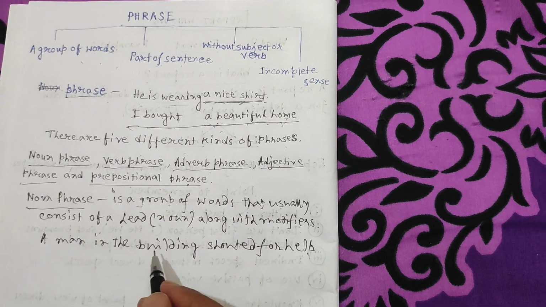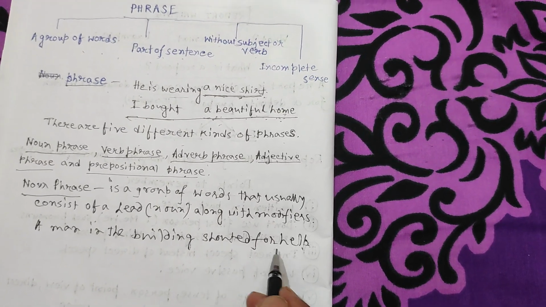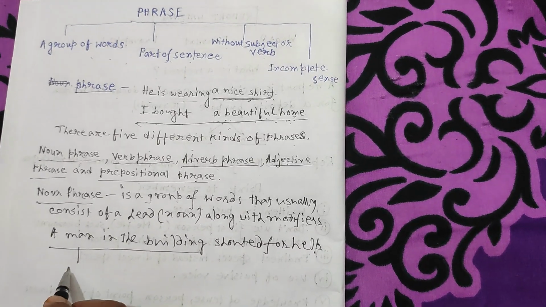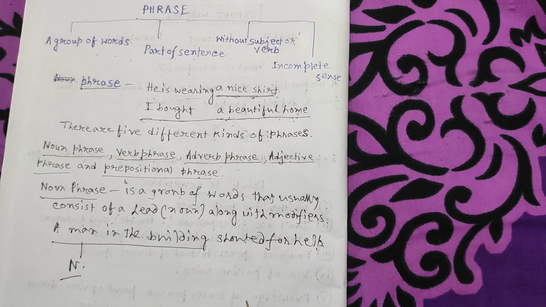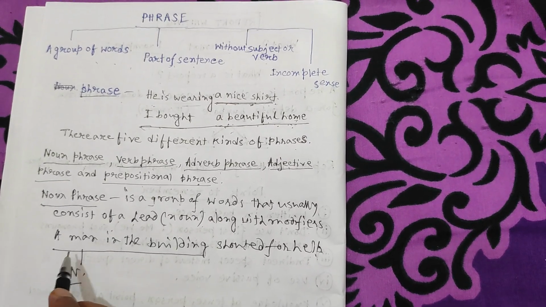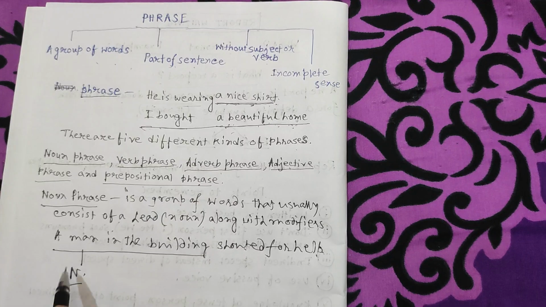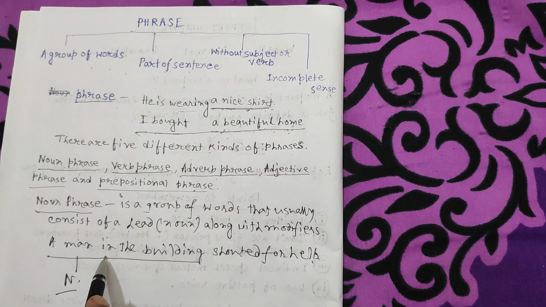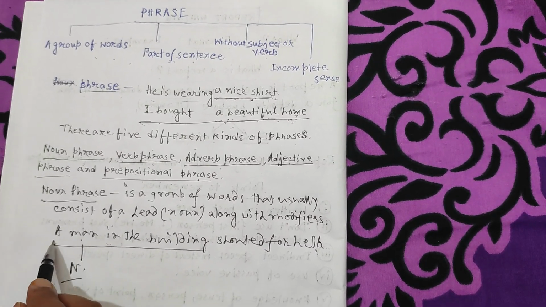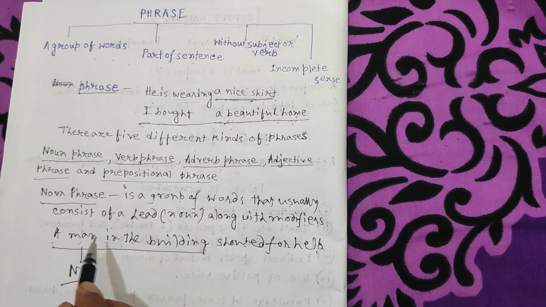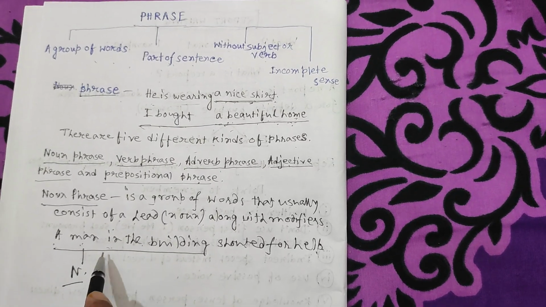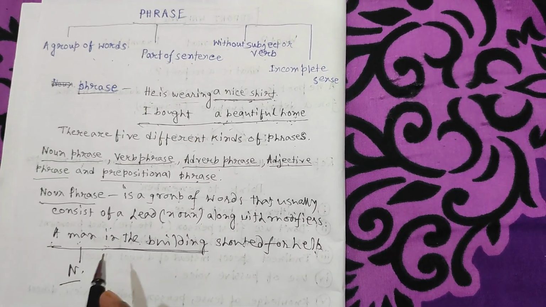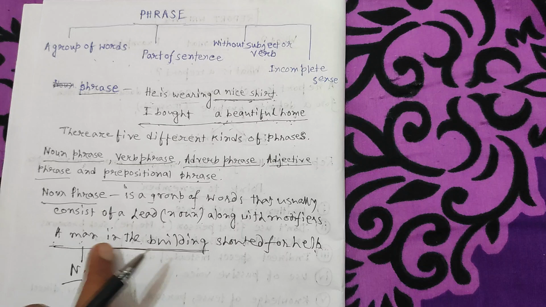Now, as you can find, a man is a noun, and not only a single noun is here, there are other words or modifiers in front of it and after man. After it, in the building, and in front of it, a. So these are called modifiers.